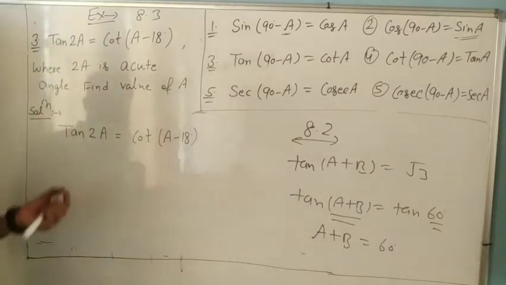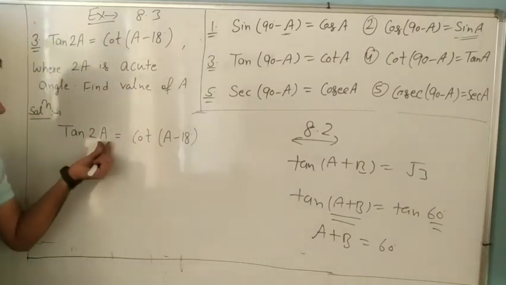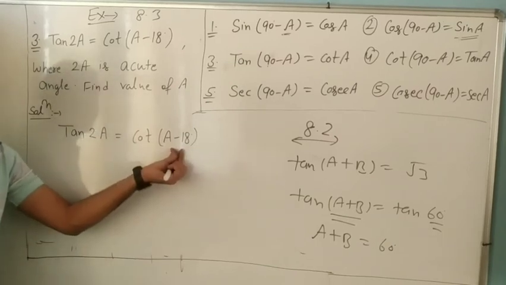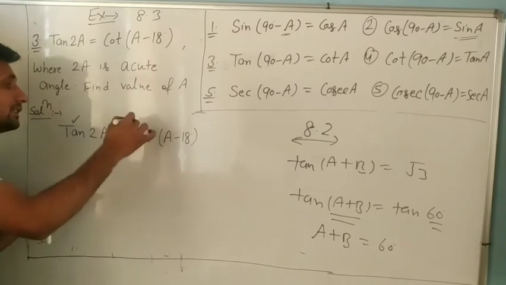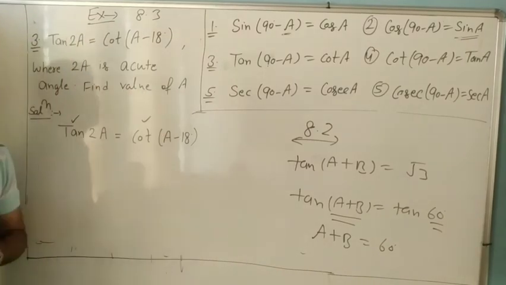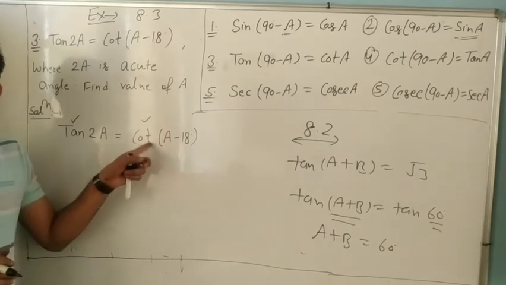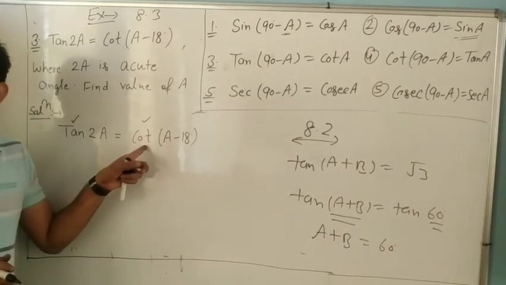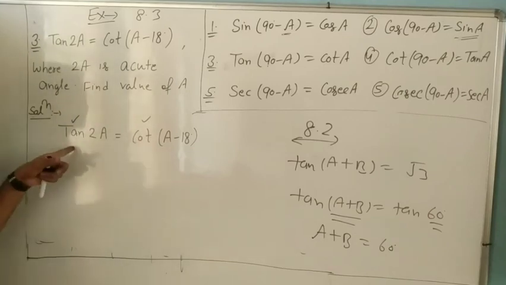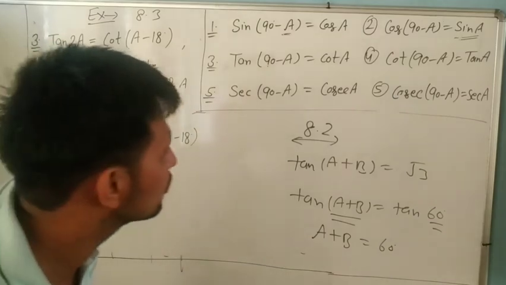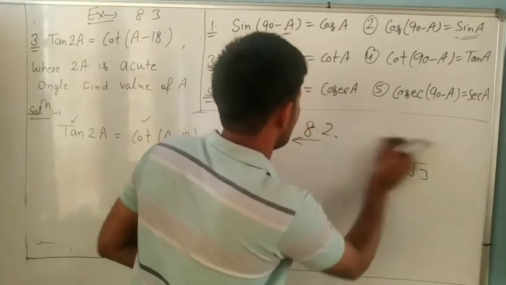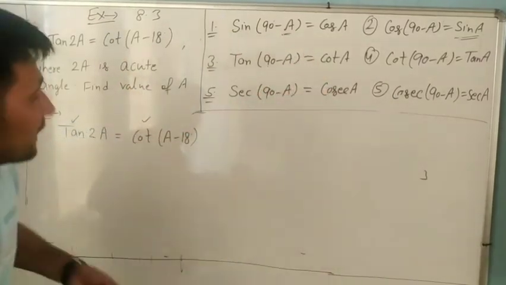Same as it is. Tan 2A is an angle. Here is cot A minus 18. Can we write equal? No. Because one is tan, one is cot. So what will we do? Either we will change cot into tan, or tan will change into cot. So how to change? Do you remember? Yes, by this formula. Can you write?